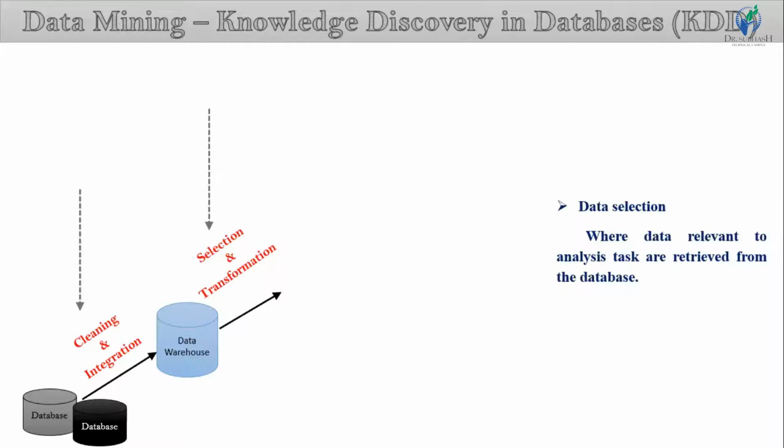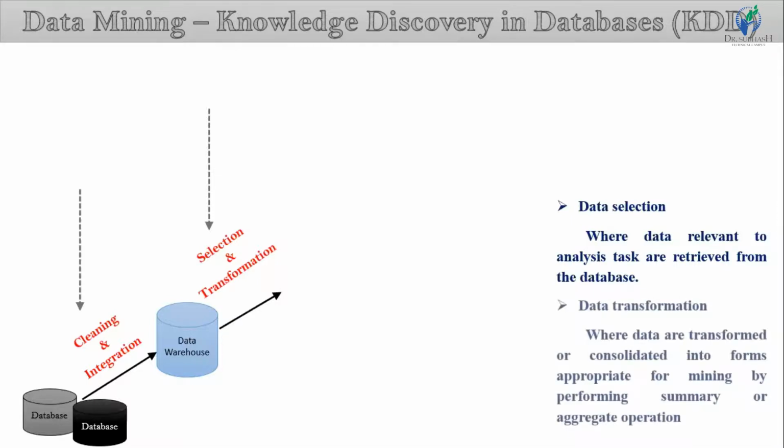Now I will discuss data transformation. In computing, data transformation is the process of converting data from one format or structure into another format or structure. It is a fundamental aspect of most data integration and data management tasks, such as data warehousing, data integration, and application integration.